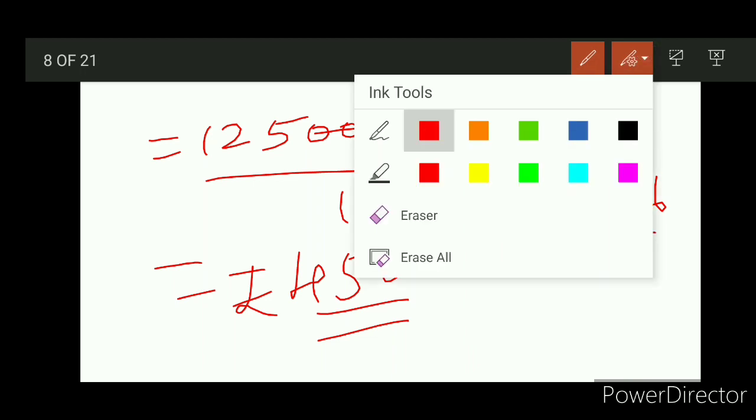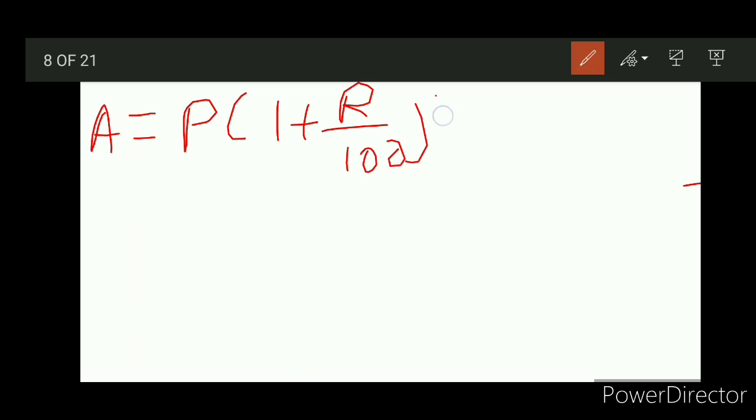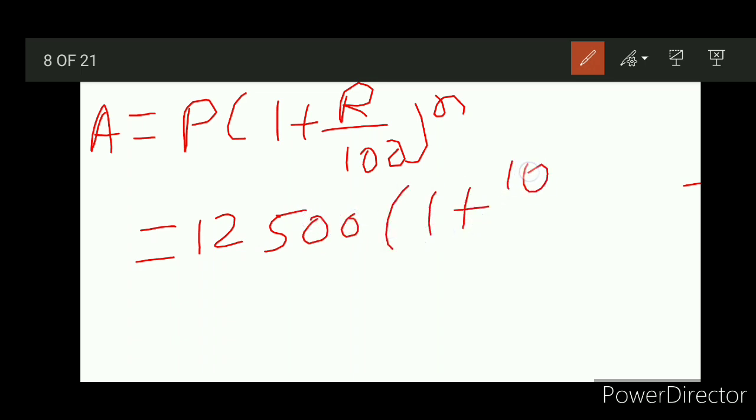Next we calculate Radha's interest. The formula is amount equals principal into 1 plus r by 100 whole to the power n. It is compounded annually. 12,500 into 1 plus r is 10 by 100 whole to the power same period, 3 years only.